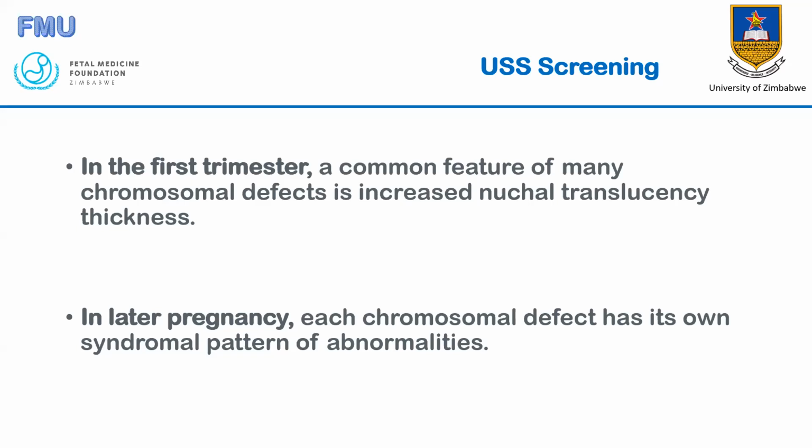And why do we do the weight in second trimester and comment if the weight is normal or small? Because fetal growth restriction, early onset fetal growth restriction, which happens in the second trimester, is a marker for chromosome abnormalities.